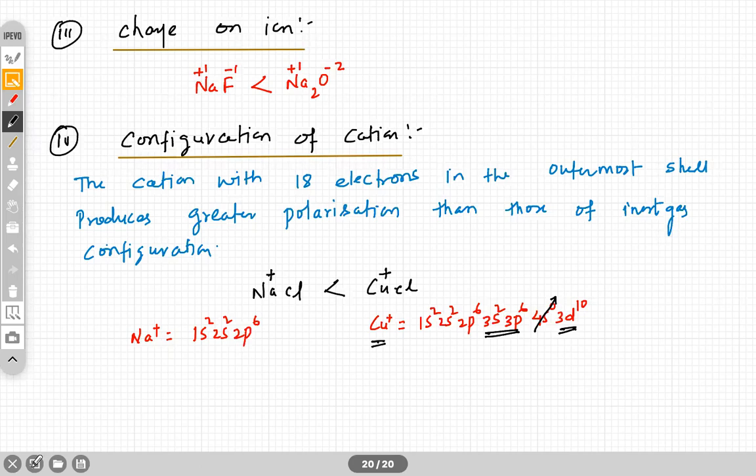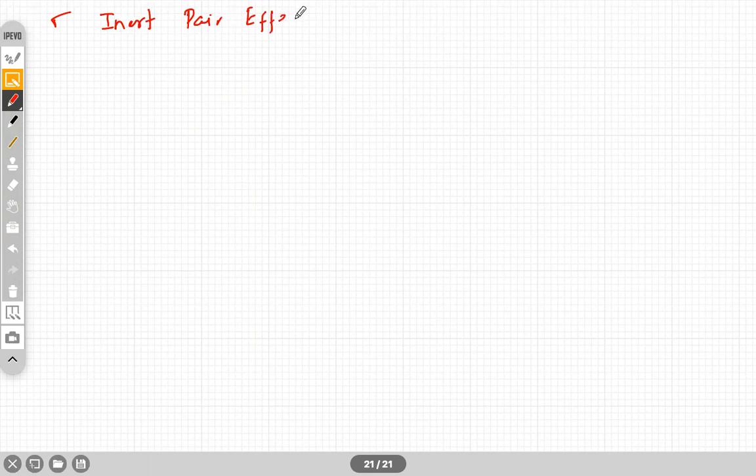The last point in this chapter we'll see. Write down: inert pair effect. We have discussed this already. The term we haven't discussed, but the reason of this we have discussed. This is actually observed in group p block elements.